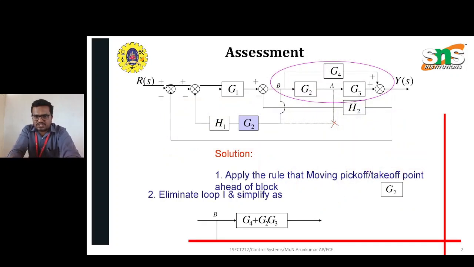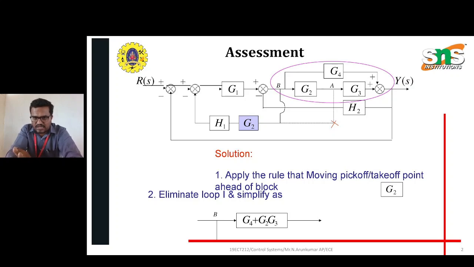One of the examples shown in this PPT is G1, G2, G3, G4. Based on the previous rules, we can implement it here one by one. The rules used to eliminate are the feedback loop, as well as the parallel block and summing point.